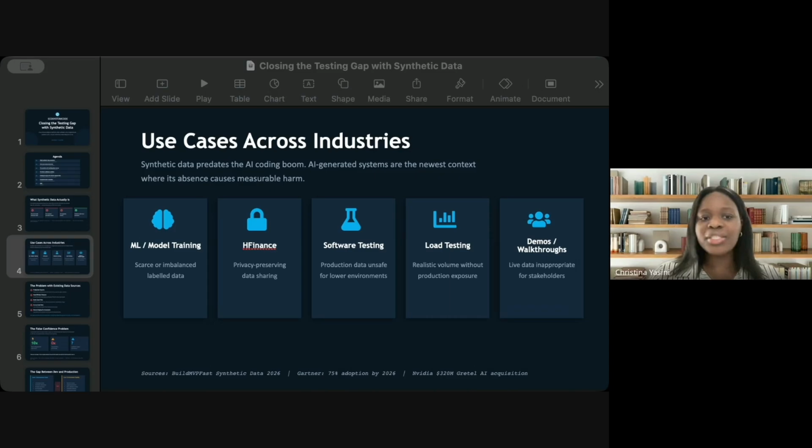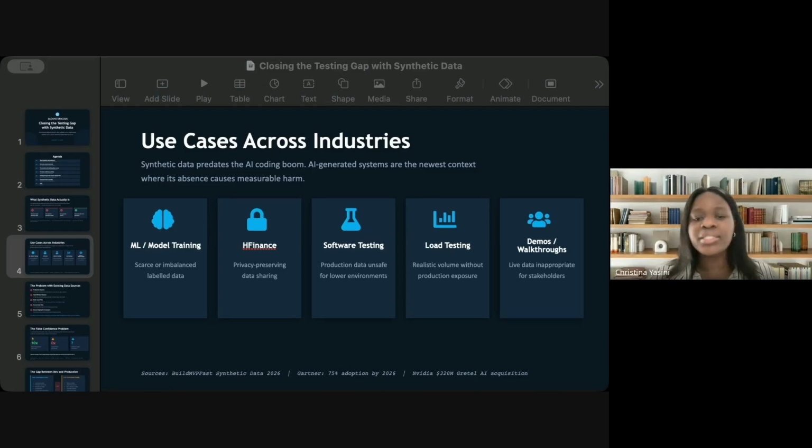And a customer churn model that is trained on last year's behavior may not reflect how customers behave today. So the gap that synthetic data fills in this case is that it lets you generate the rare events, the edge cases, the situations and the behaviors that customers have today and that haven't happened yet, right? The system needs to know how to handle that, which is very important.